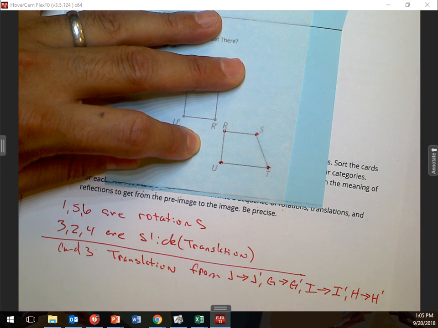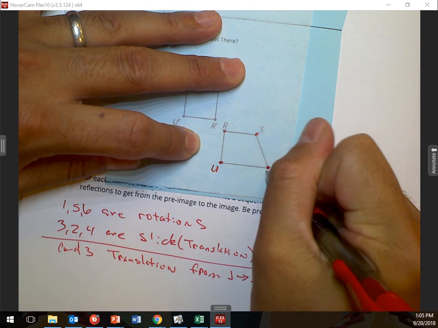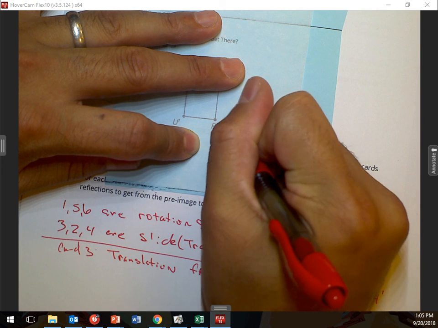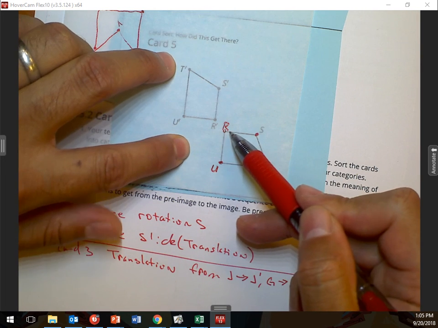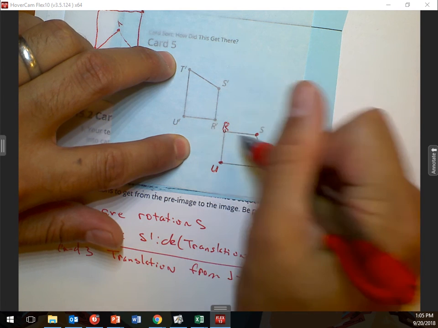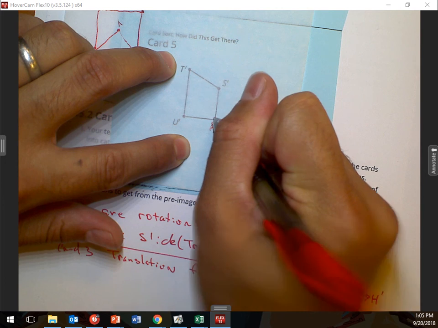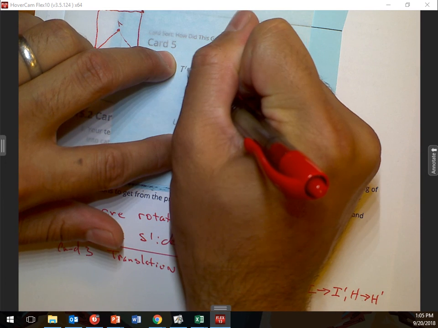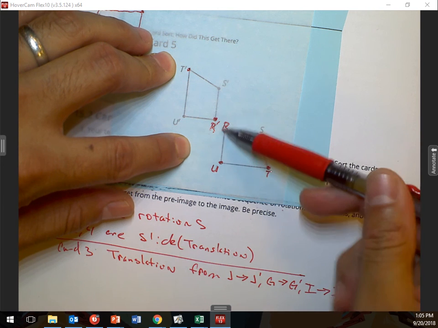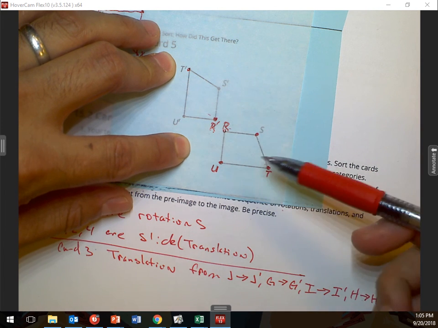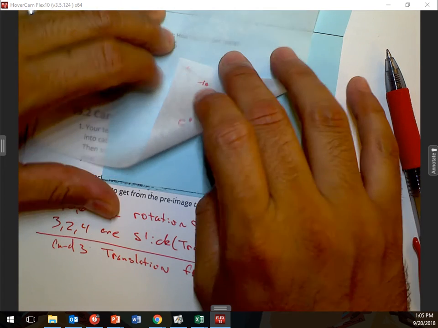Now, listen. I want you guys to take a look at this, and I'm going to show you just by lining up 2 of these points. To go from R onto R prime and T onto T prime, watch this, because to go from here to here, it's not going to be a rotation, it is going to be a reflection.